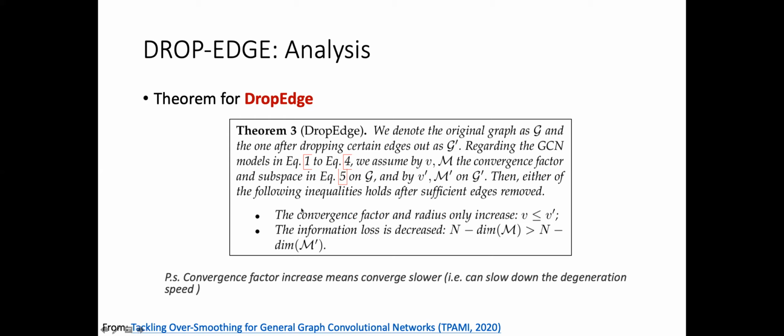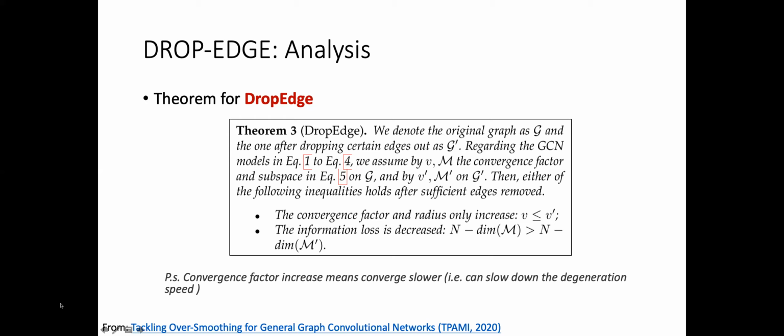First, the convergence factor and the radius only increase, which means V is less than or equal to V'. And we also have that the information loss is decreased, which means n minus dim M is larger than n minus dim M'. For the first point, the convergence factor increasing means it will converge slower, which also means we can slow down the degeneration speed.